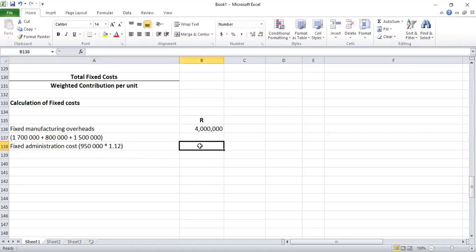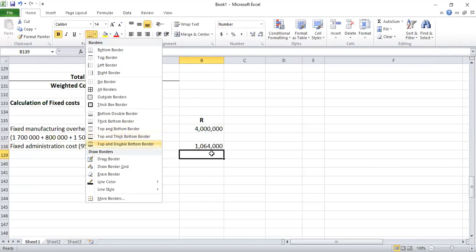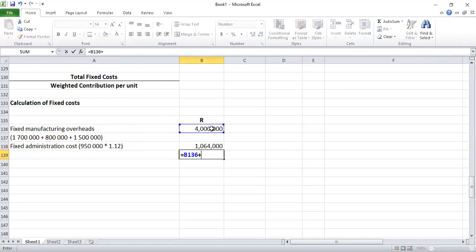What do we get? $1064, thank you. Then our total fixed overheads would be equal to the 4 million plus this.